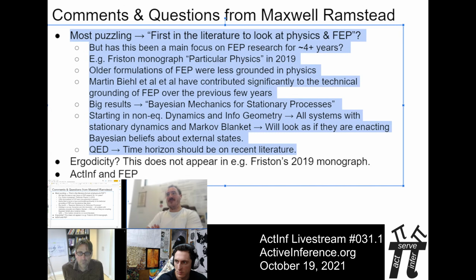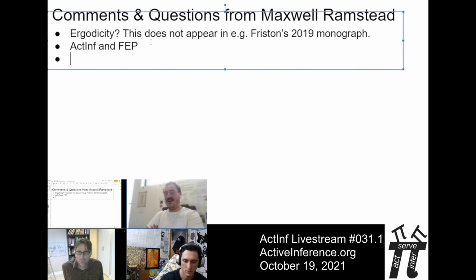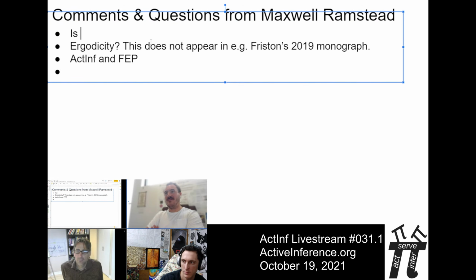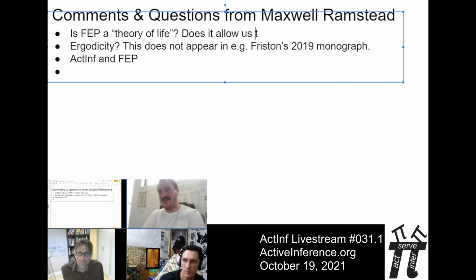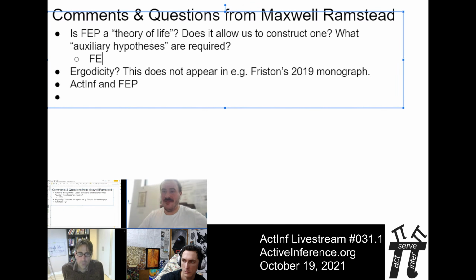I've gone on the record as saying that the free energy principle can allow us to construct a theory of life. But the claim isn't just that the free energy principle in and of itself allows you to do that. I think the FEP needs to appeal to auxiliary hypotheses from biological and other sciences to really do that. It's a theory of thingness in physical systems that interest us, and a subclass of those systems are biological systems.